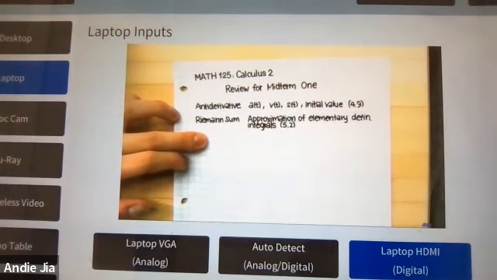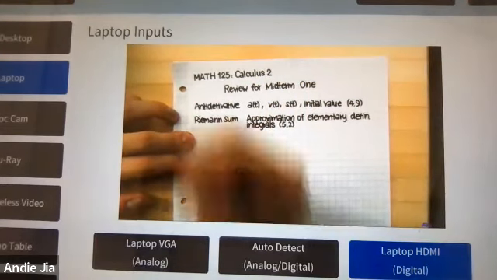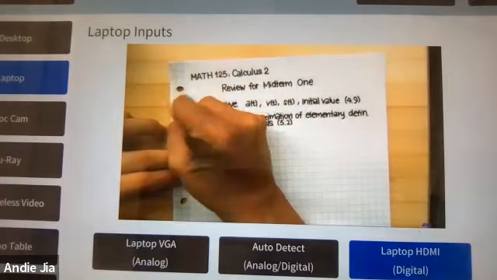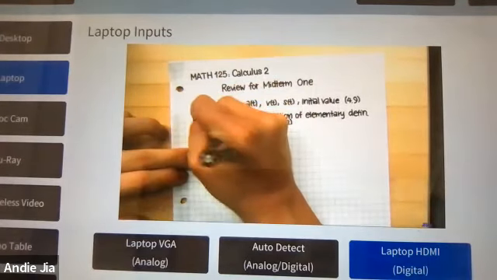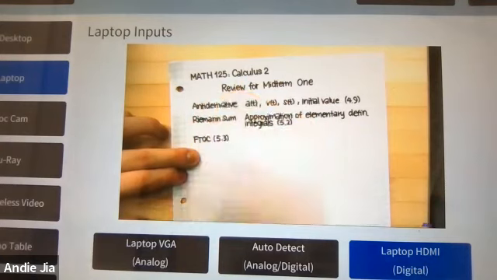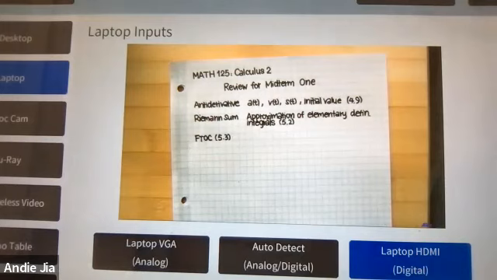And later, the most important thing is 5.3, the Fundamental Theorem of Calculus, or FTOC. In 5.3 we have two parts: part A and part B, part 1 and part 2.